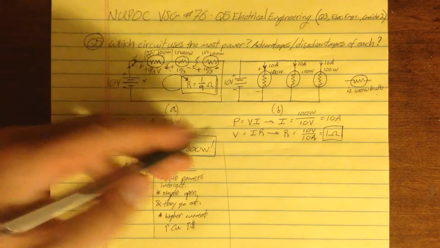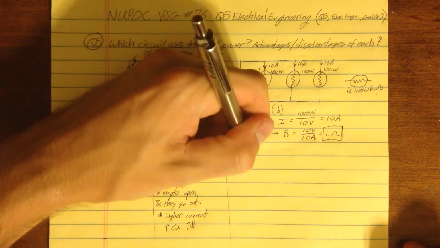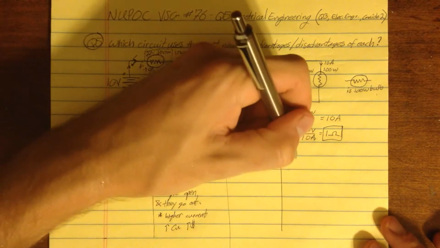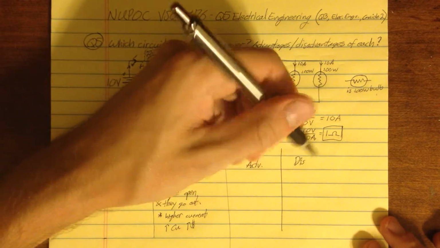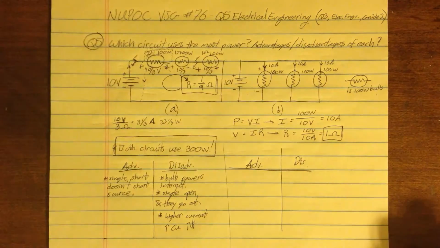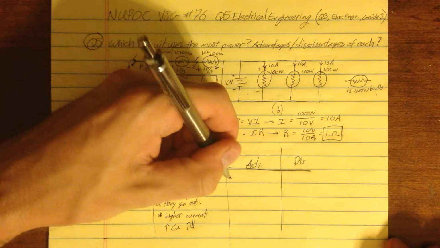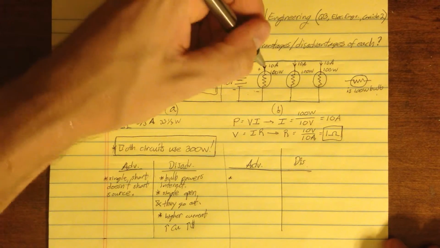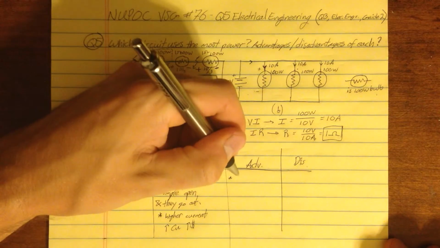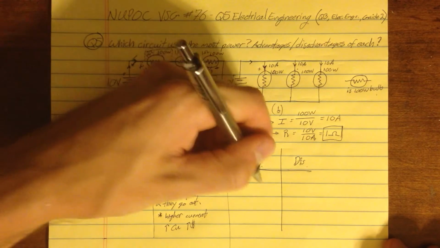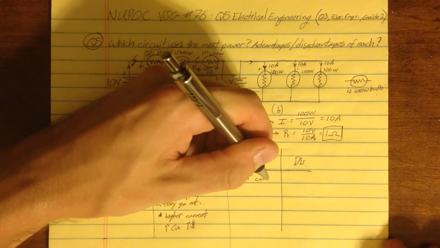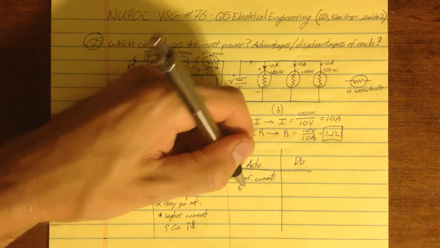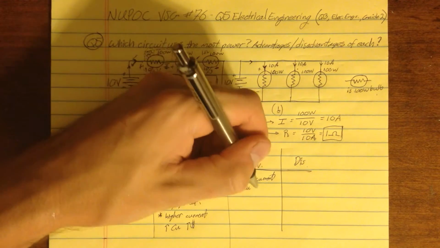If we look at circuit B, the advantages and the disadvantages are almost like the inverse. The advantages are we have fewer areas of high current, because there's 30 amps out of the source, but only 10 amps in each bulb. So lower current overall, so less conductor is needed.